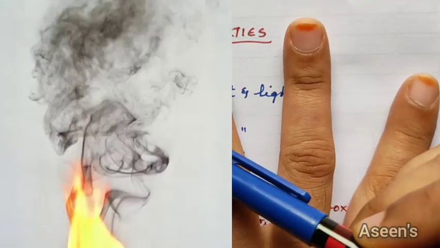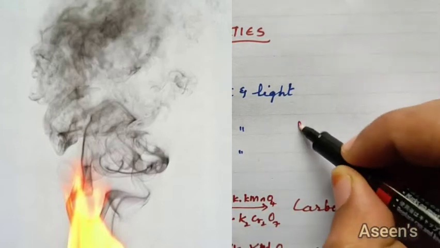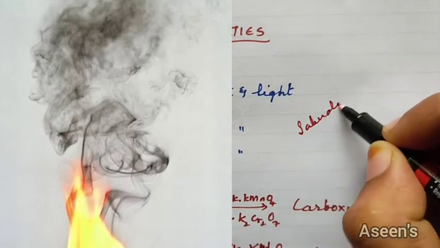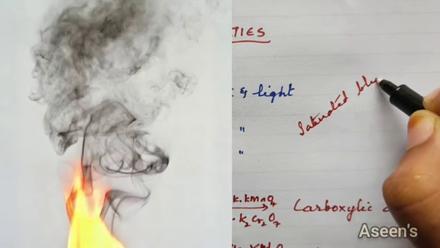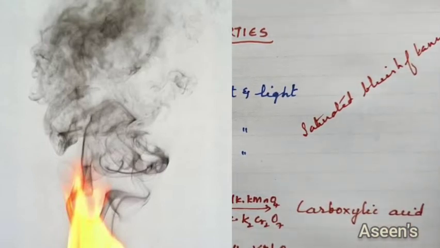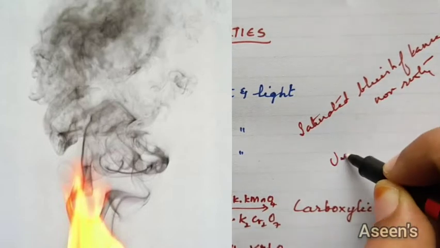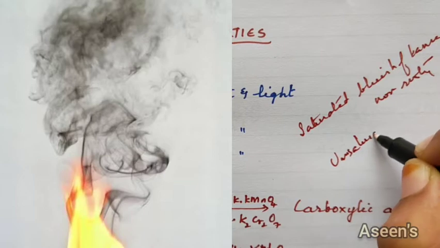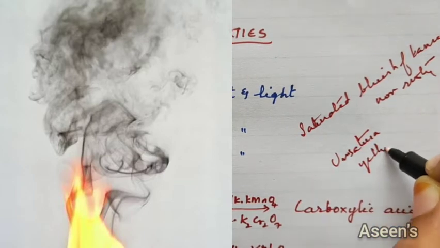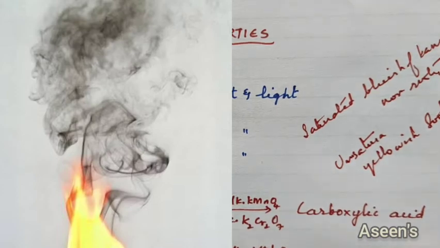In case of unsaturated hydrocarbons, you are going to get a yellowish flame. For saturated, you're going to get a bluish, non-sooty flame, whereas for unsaturated, you're going to get a yellowish sooty flame, as you can see here on the screen again.